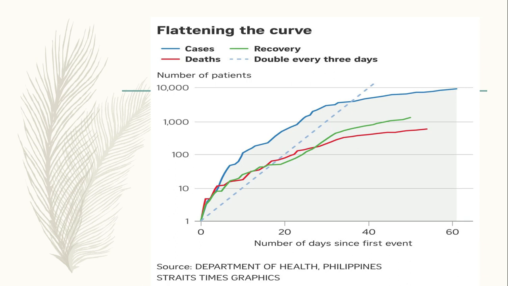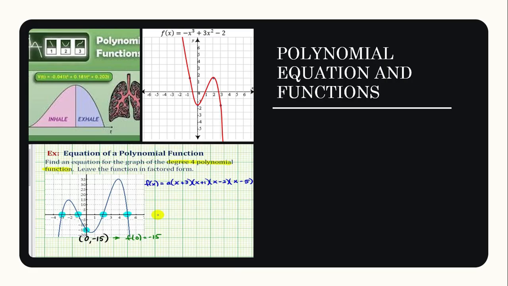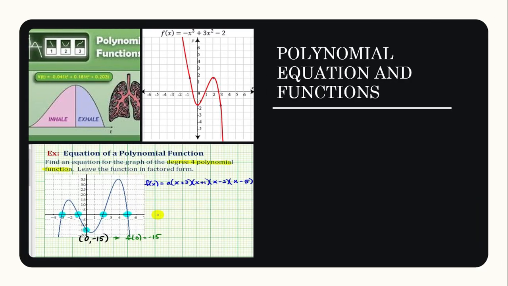Well, these questions are all answered by polynomial equations and functions. Polynomial equations and functions model real-life scenarios. Learning to express real-life situations as mathematical function models allows us to break seemingly complex ideas and actions down into smaller and simpler parts and analyze them.